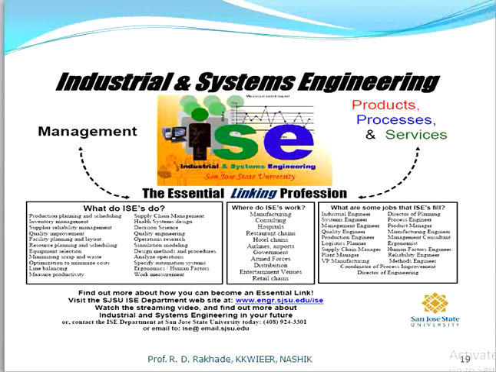Then industrial and systems engineering. We discussed what some jobs in the industrial and systems engineering field are: industrial engineer, systems engineer, manager engineer, quality engineer, production engineer, logistics planner, supply chain manager, plant manager, director of planning, process engineer. There are a number of jobs available in this field.